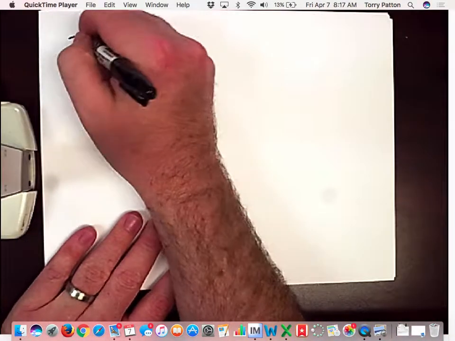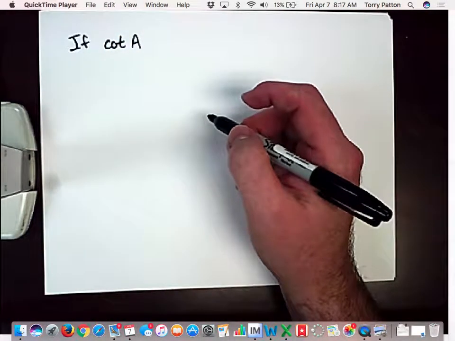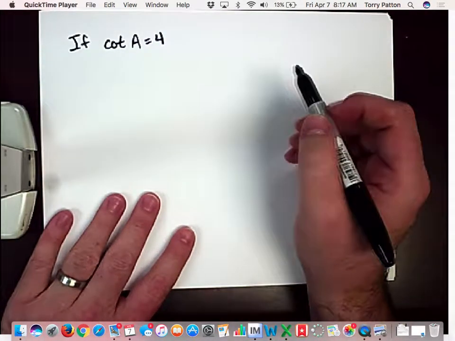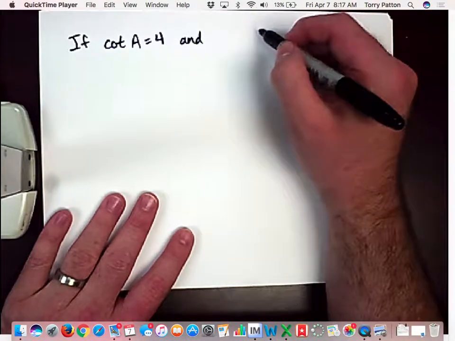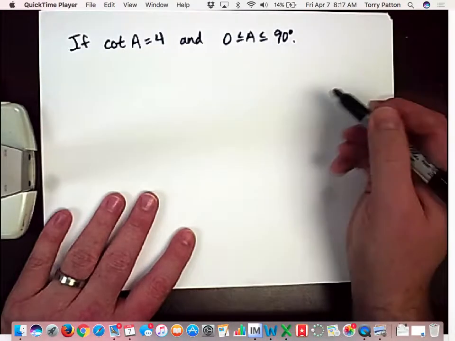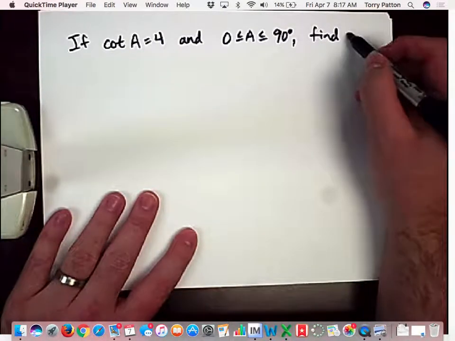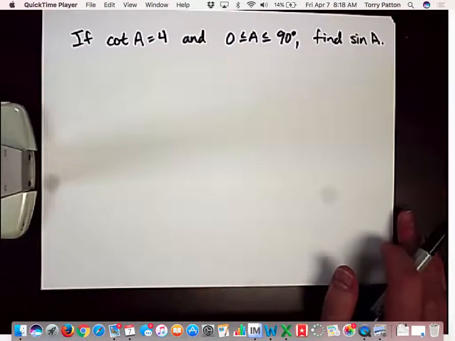All right. So let's say that I ask you, if cotangent of A equals 4, and A is between 0 and 90 degrees, find sine of A. Okay?